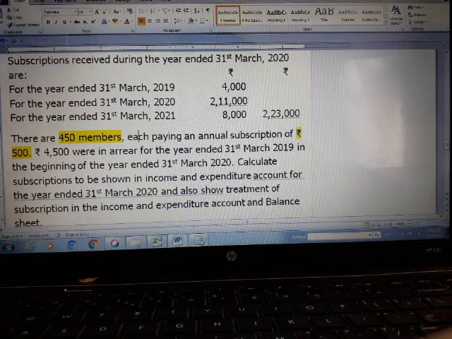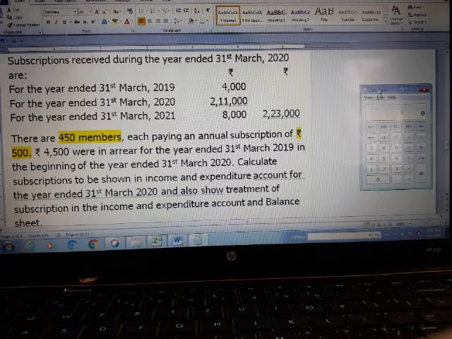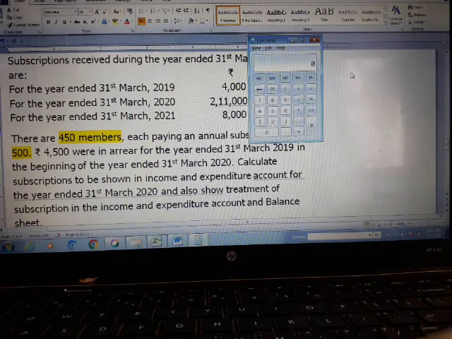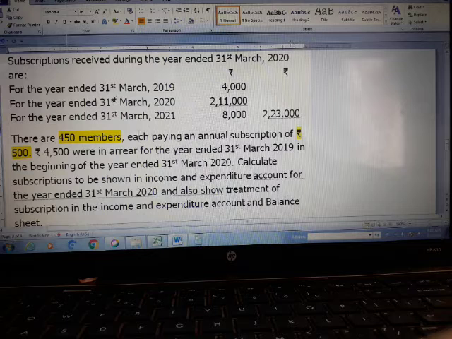Just calculate it and you will come to know. 450 members, if you multiply with 500, you will get an amount of rupees 2,25,000. So every year you should get 2,25,000 rupees as subscription.